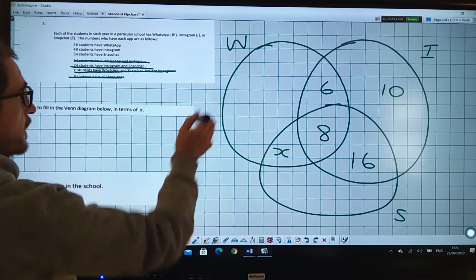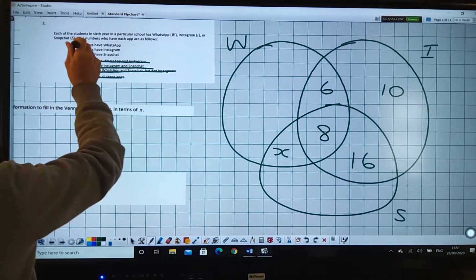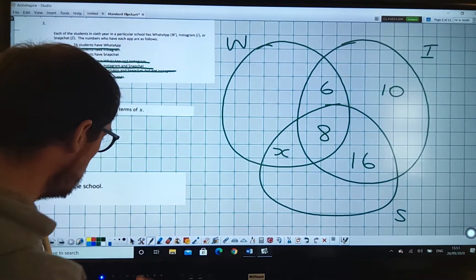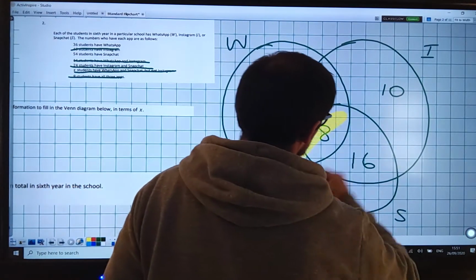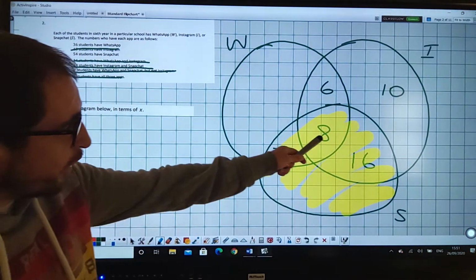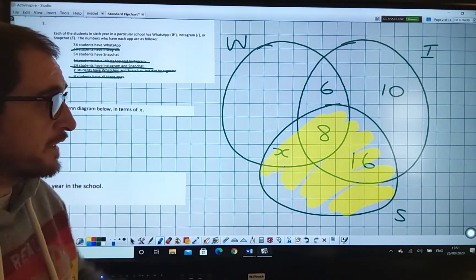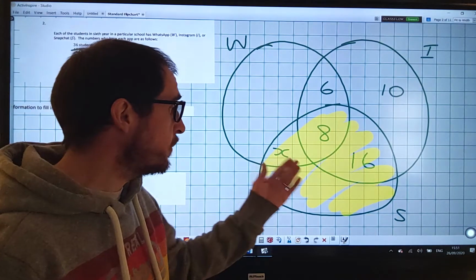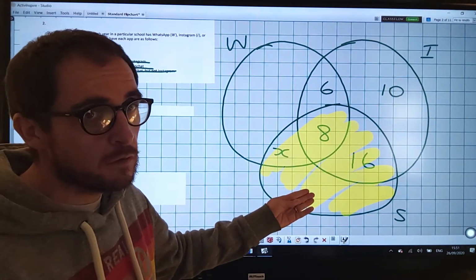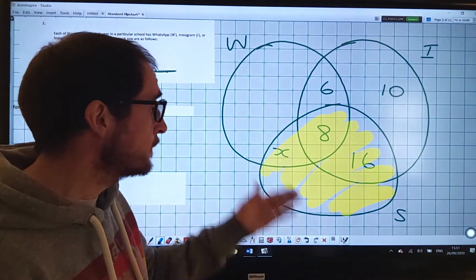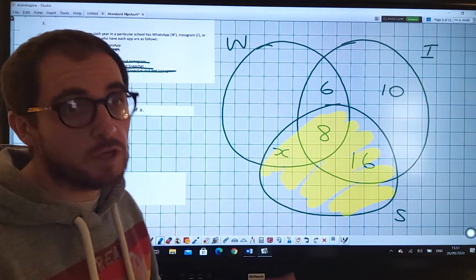Along those lines now, that's that one. 54 have Snapchat. This is Snapchat here. So this area here is going to have 54. But 24 have already been included, and X. If X was 10, that would be 34, so that would be 20. If X was 20, it would be lower, and so on.